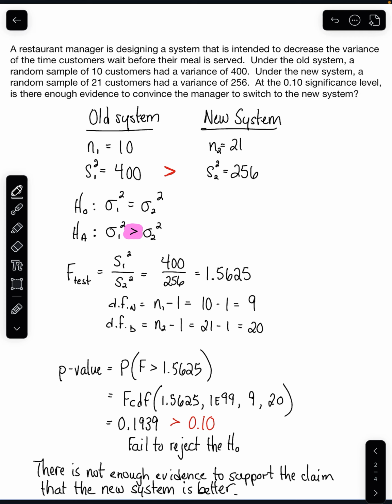Now, perhaps if we had done this with a larger sample size for the old system, it's possible that we would have found a different result.